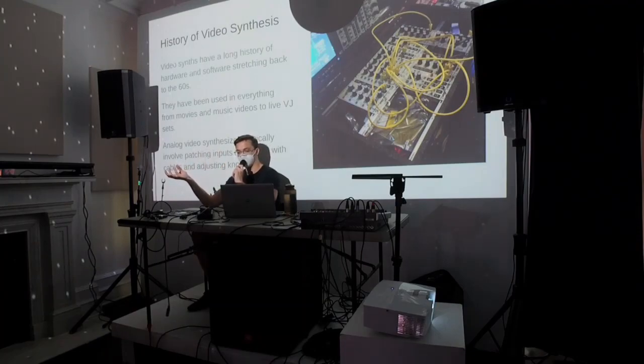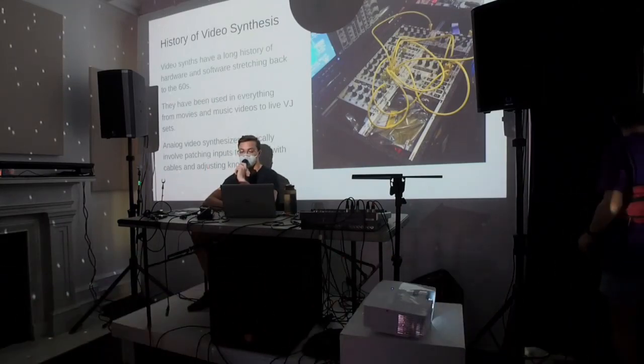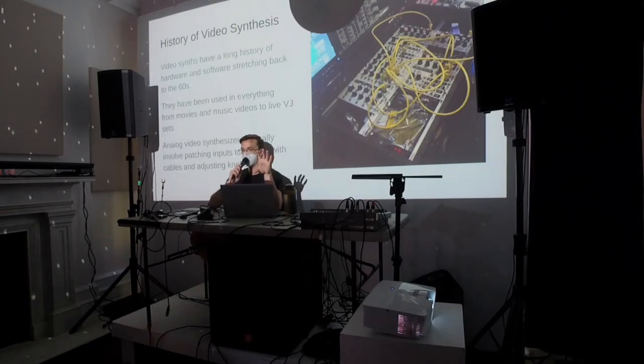You can do it live. They've really been used in MTV music videos from the 90s, and in movies. Some people still use them for live VJ sets. This is the analog version of it.